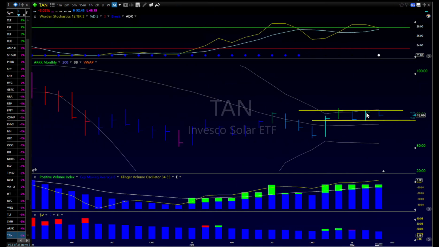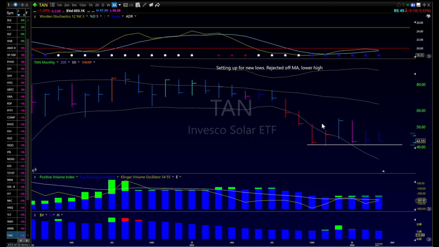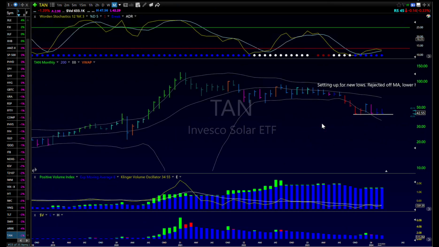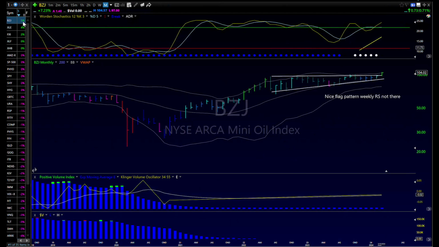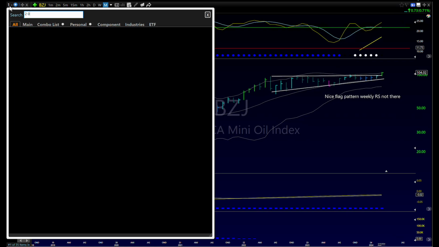Keep an eye on that one. TAN, this is a solar ETF. Yeah, rejecting off the moving average. Pretty weak. All right, so that's going through all the indexes.